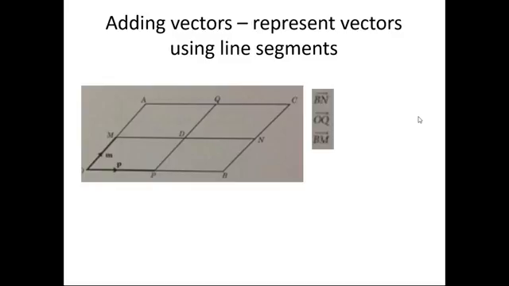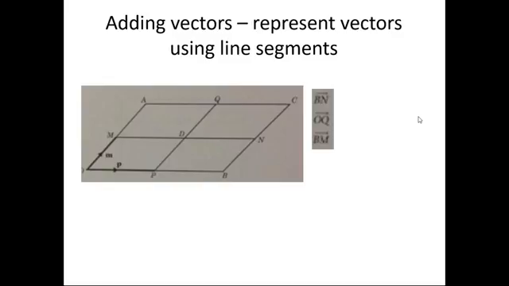Let's call that point P. I will call that little p, and that line joining from O to P, from the origin, has a special name. That vector is called a position vector. Position vector of P.